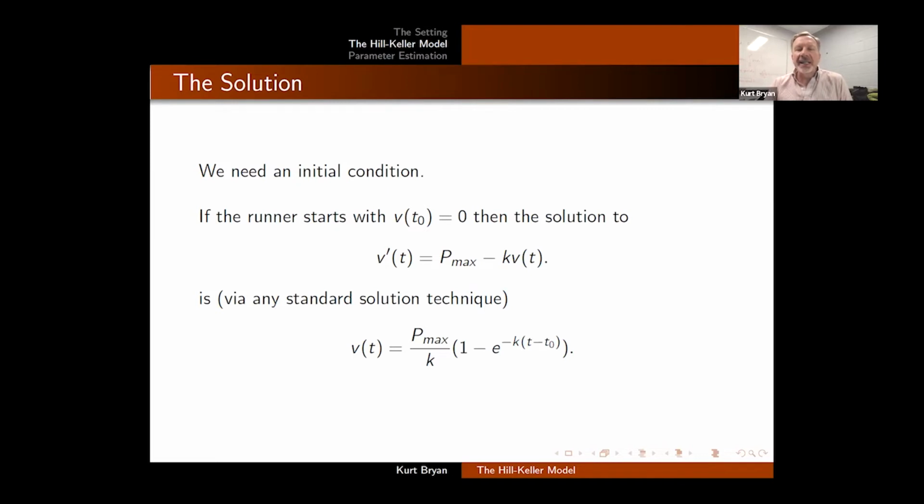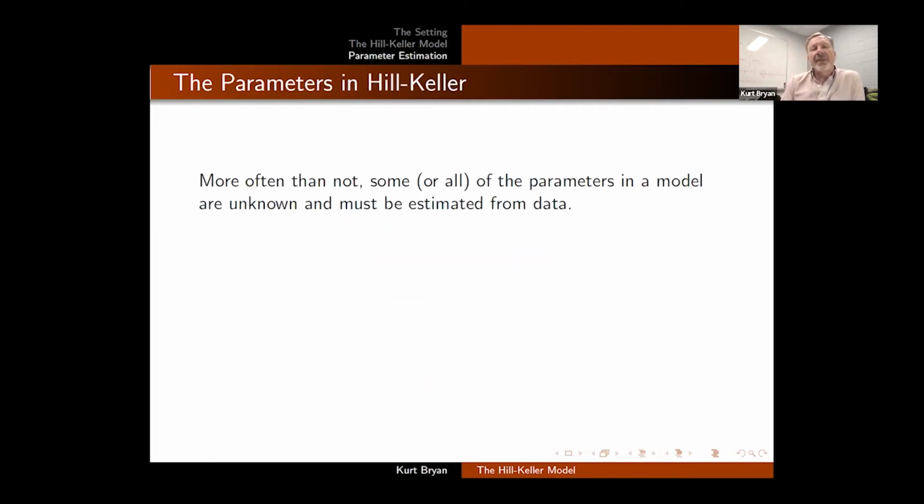And now that we know the sprinter's velocity, if you look at that formula right there, there's that unknown constant k in play, and there's P max, the max propulsive force that the runner can exert. We don't know what either one of those is. We know what t0 is, at least for Usain Bolt's race. So there are some unknown parameters in the model that have to be somehow determined, either measured or estimated.